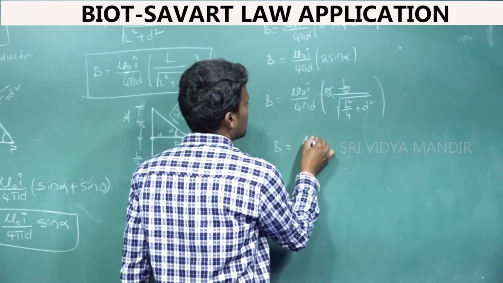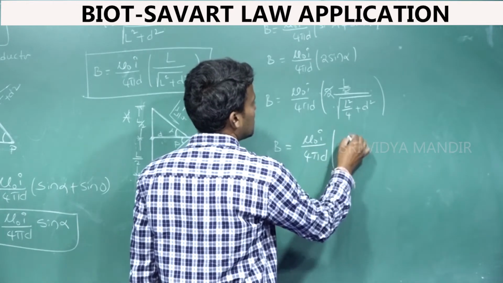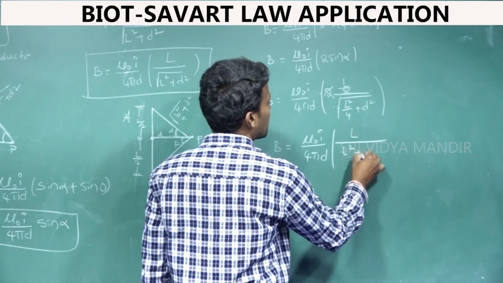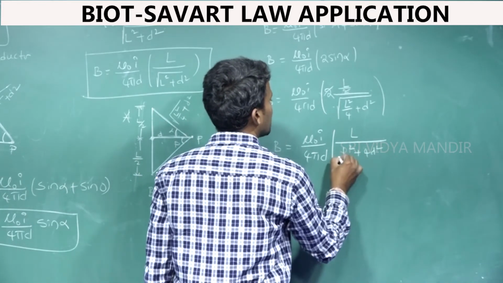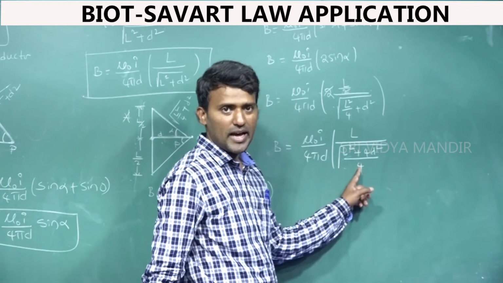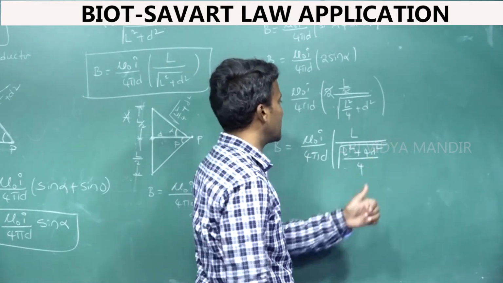B is equal to mu naught I divided by 4 pi D into L divided by, what is the LCM here? 4. So under root of L square plus 4D square divided by 4. Root 4 I can take out of the root, that is 2, which goes to the numerator.